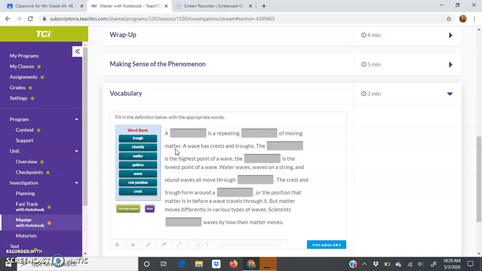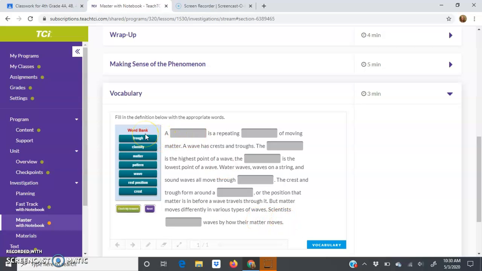The blank is the highest point of a wave. The blank is the lowest point of a wave. Water waves, waves on a string, and sound waves all move through blank. The crest and trough form around a blank, or the position that matter is in before a wave travels through it. But matter moves differently in various types of waves. Scientists blank waves by how their matter moves.